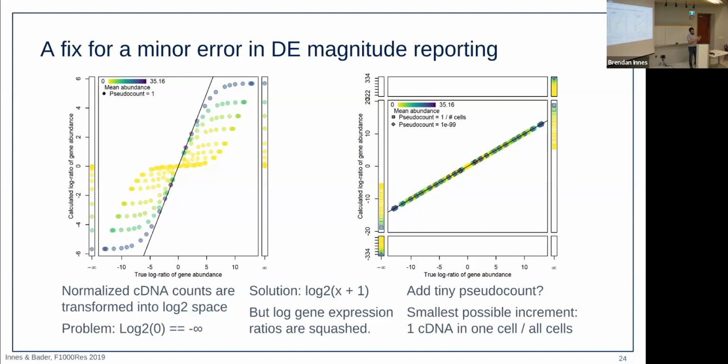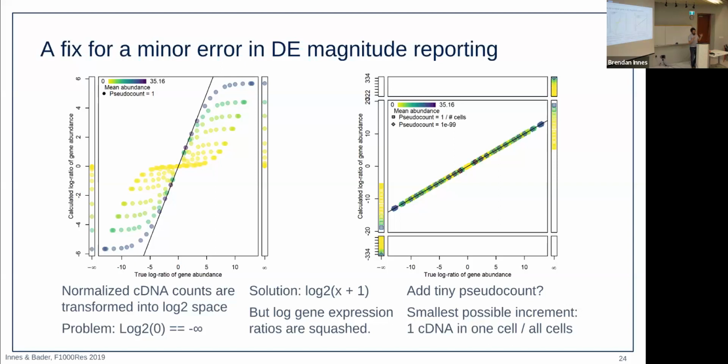There's a good reason we do it, but I'm not going to get into that. But when you log transform your data, and your data is 0, that doesn't work. So the solution has always been to just add 1, because in bulk RNA-seq the counts were in the thousands, so adding 1 was inconsequential. But in droplet RNA-seq, adding 1 is consequential because the counts are in the tens or even the ones.